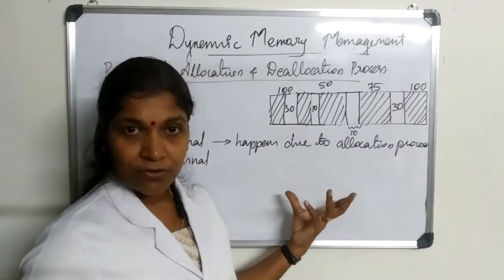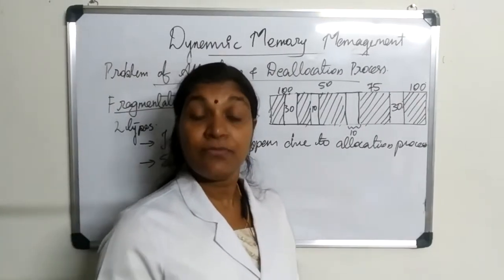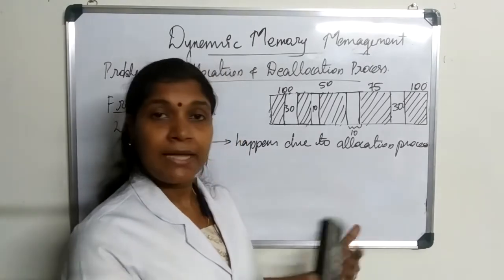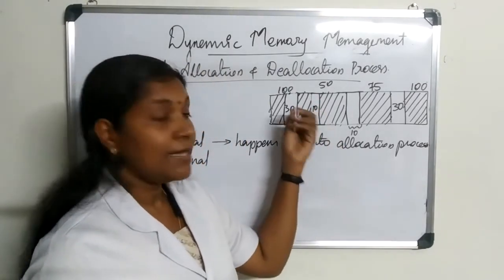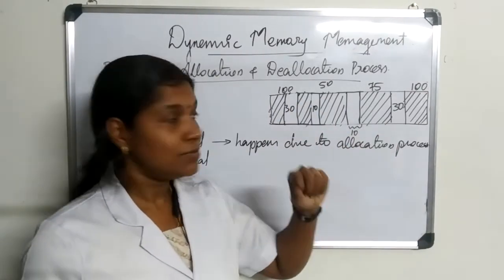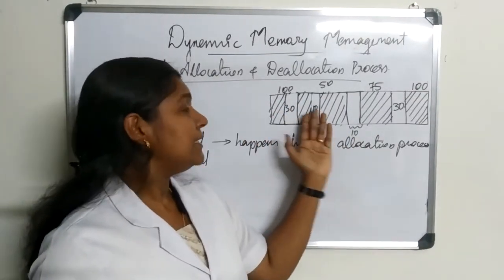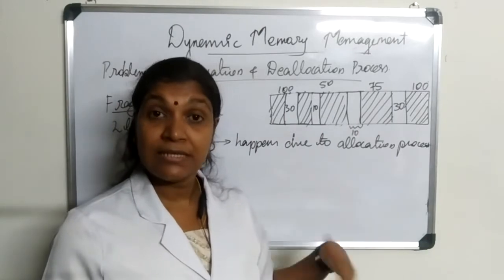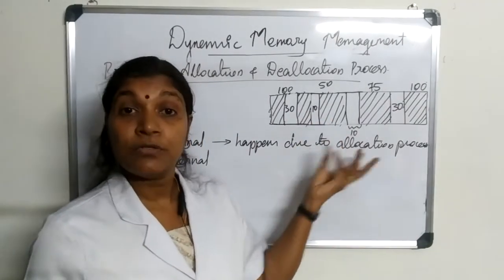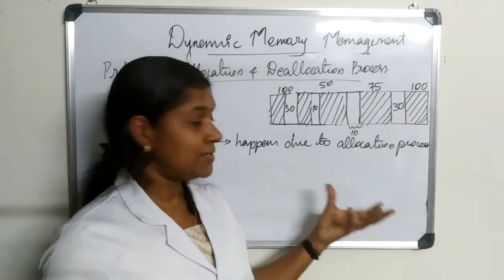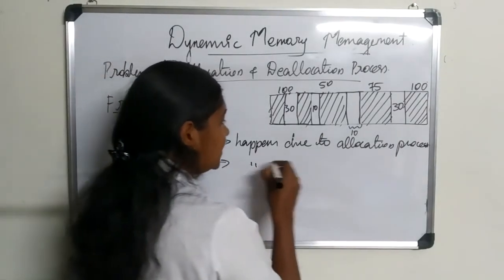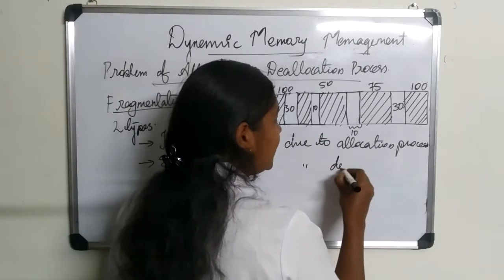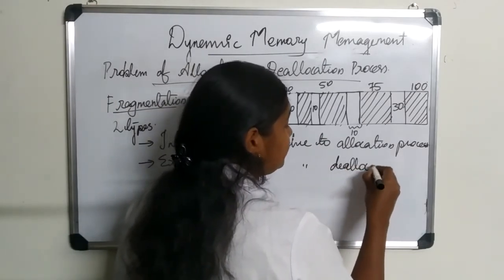So that creates a hole. When the next node is deleted, again some 15 bytes get freed up, which creates another hole of 15 bytes. Like that, if the number of freeing operations increases, the number of holes also increases, and that is known as external fragmentation.